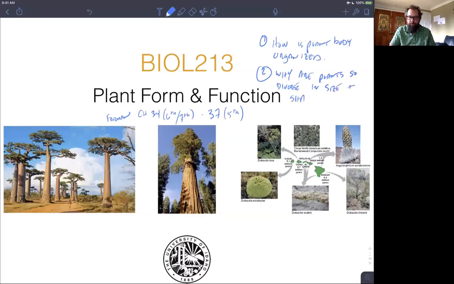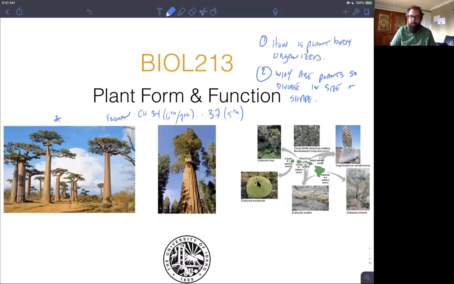I'll show you a few examples of that, but even just on this slide here, we can see the large baobab trees in the picture on the left, the giant sequoias in the middle, and then our Hawaiian silver swords, with their extreme diversity ranging from trees to small little cushion plants. So why are plants so diverse in this size and shape?